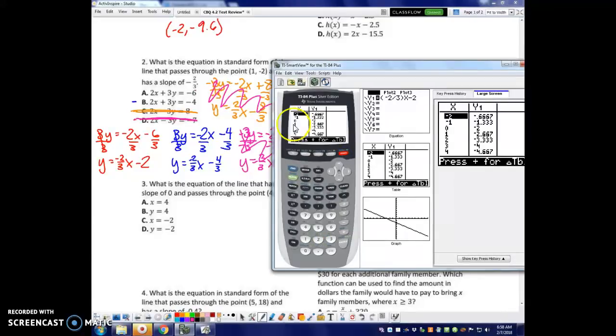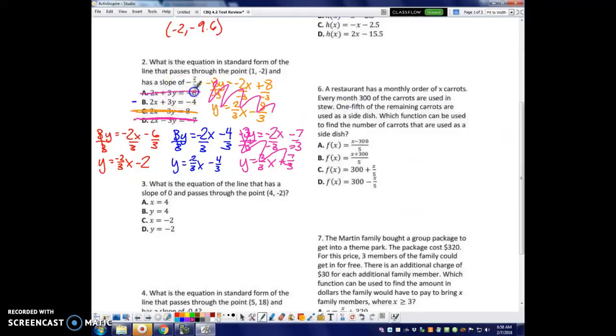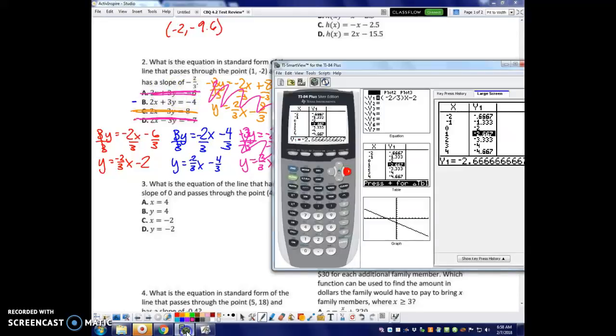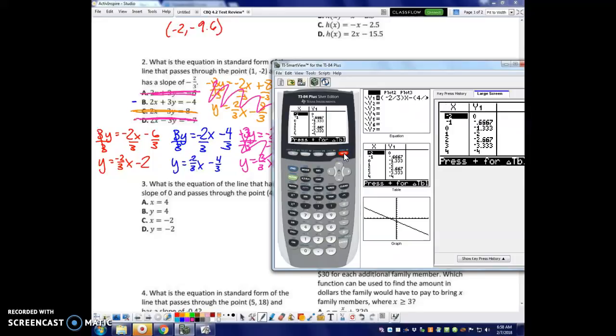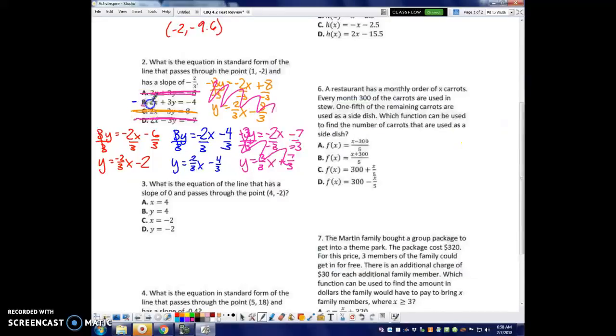Does it have point (1, -2)? No. So it's not looking like A. Let's try B. Y equals negative 2 over 3, x minus 4 over 3. Go to table. 1, negative 2, it worked. B.